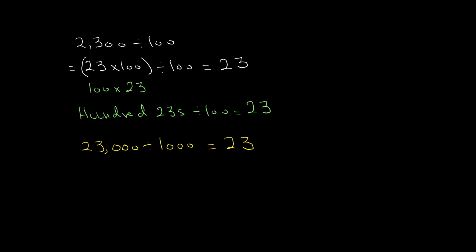And similarly, you can do various kinds of tricks if you want to. For example, if you want to divide 15,000 by 300, you can say this is just equal to 15,000 divided by 100 times 3, which is 300.